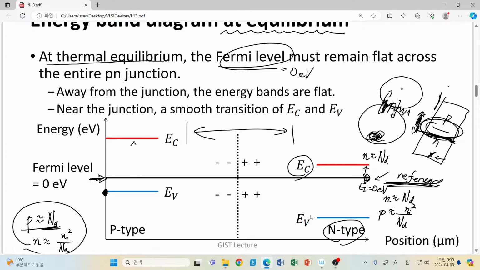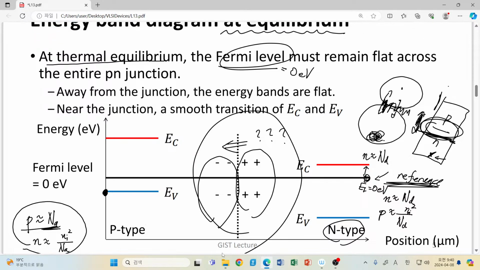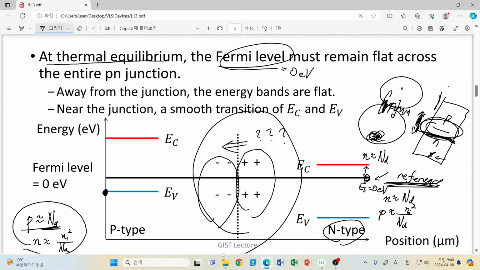So the point is, we have completely no idea about what happens in this central part called the junction. Right now we have no idea. The only thing we know is there are separated layers of positively charged particles and negatively charged particles. So maybe there will be a certain electric field over a short distance. However, except for that, what is the form of our conduction band in between?